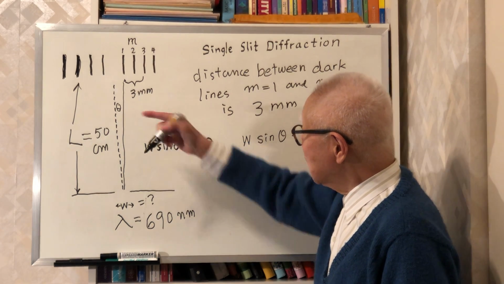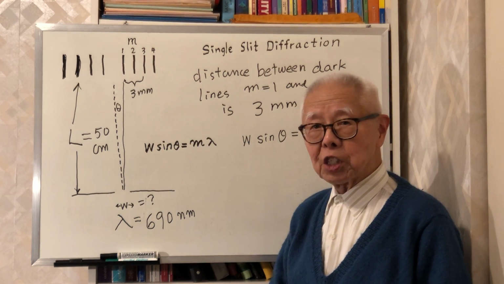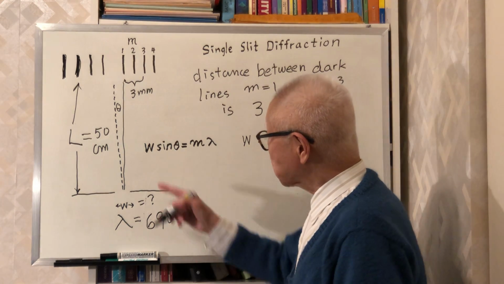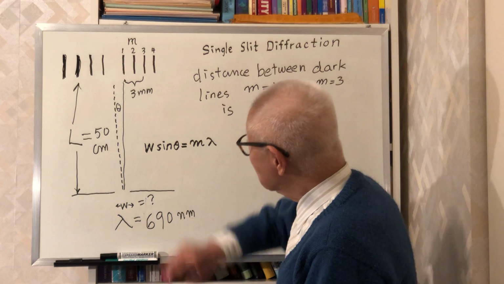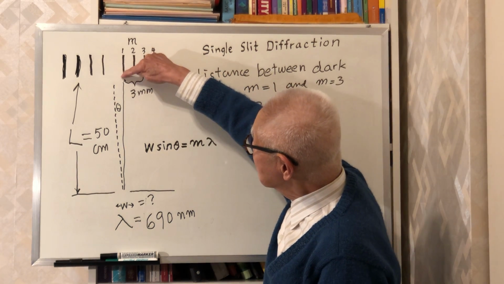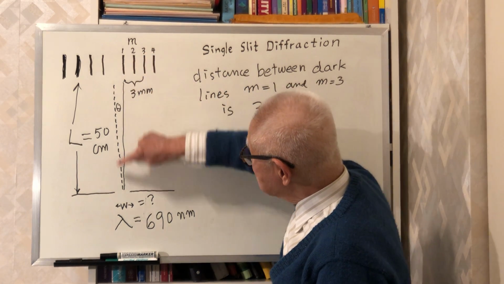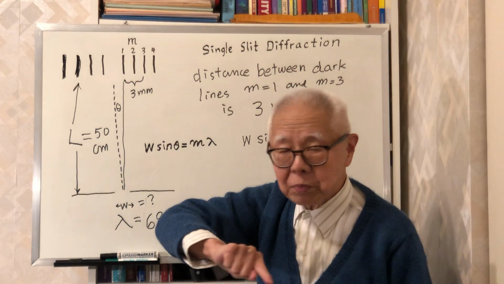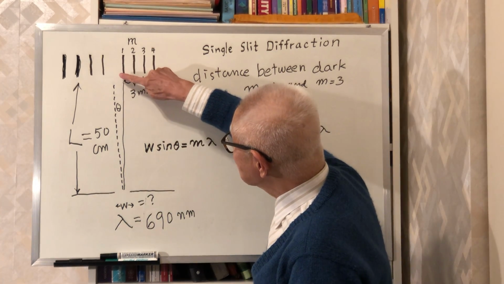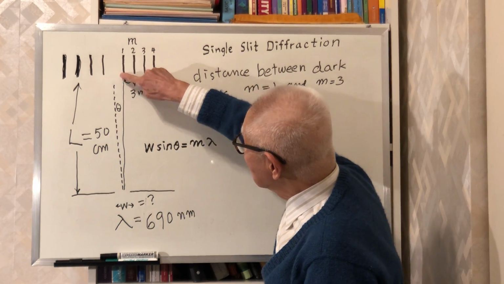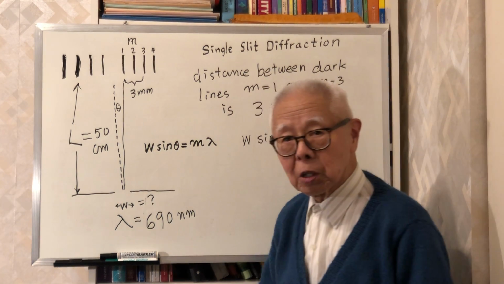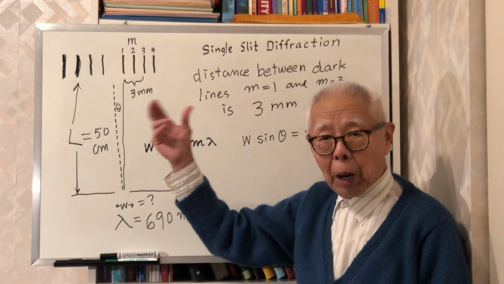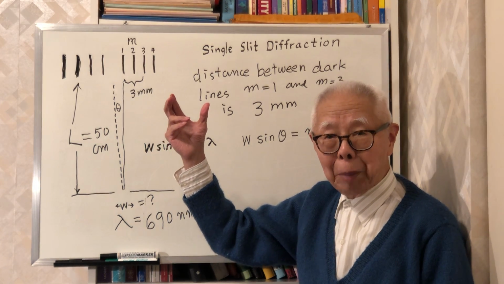Sine theta is roughly equal to tangent theta. So sine theta is roughly equal to this distance divided by 50 cm. What is this distance? We must know another property of the pattern.